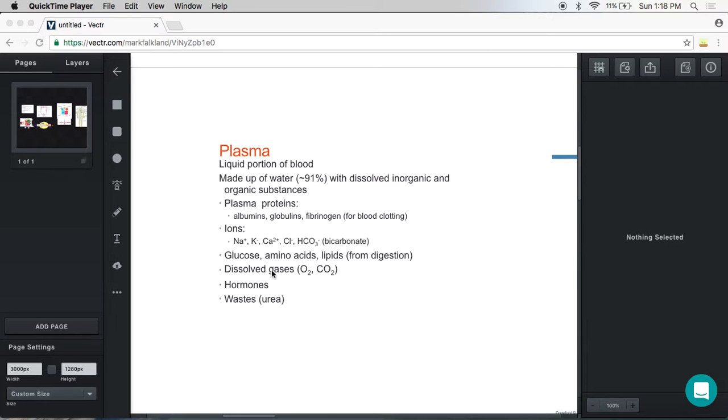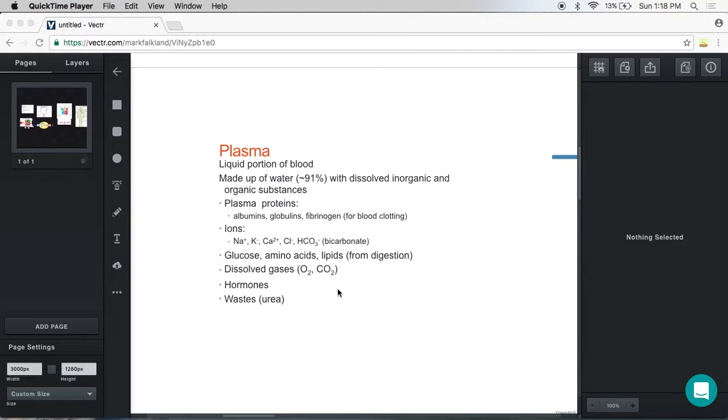And then we have the gases, which is what we're going to look at in a bit more detail in a moment, the actual diffusion of gas in the capillaries. Hormones, we just talked about as cell signaling molecules. And wastes like urea. So urea is sort of a byproduct that we don't need. That is the result of the breakdown of amino acids or proteins, sometimes called deamination, creates sort of urea.